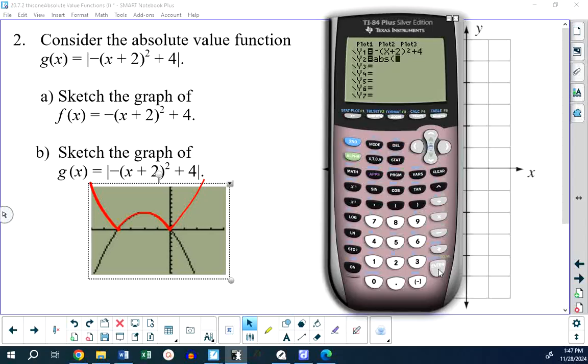VARS stands for variables. What kind of variable? It's a y variable. It's a function, y1. And I like to play around with this. Oh, missed it. I'm curious now. Wonder what this does.